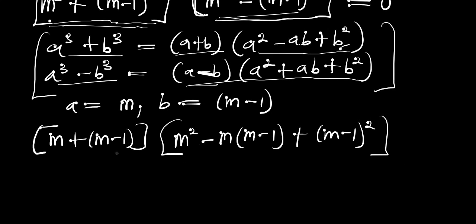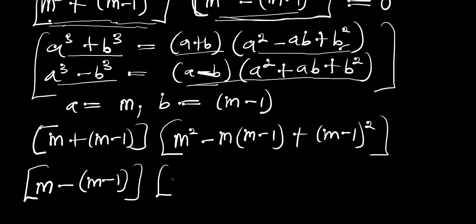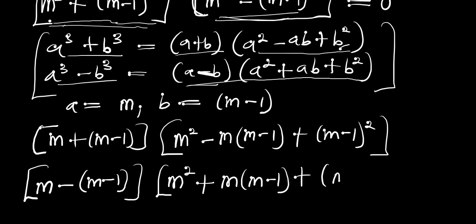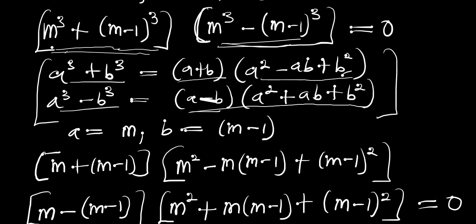A minus b, then we have a squared, then plus ab, then plus b squared, and this equals 0. So we have been able to express this given equation using these two identities.